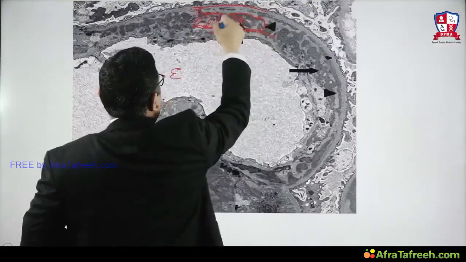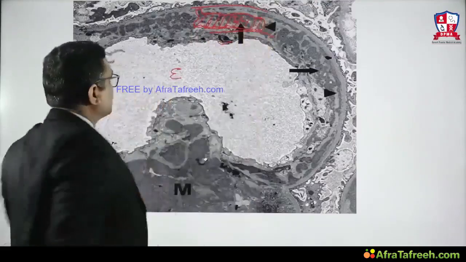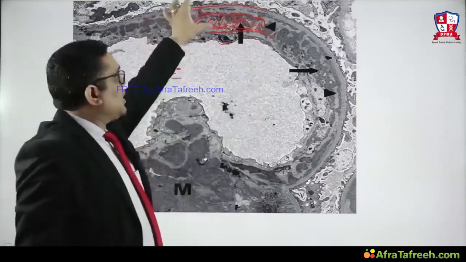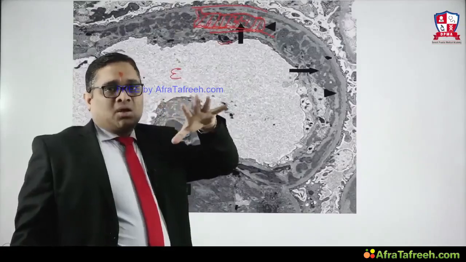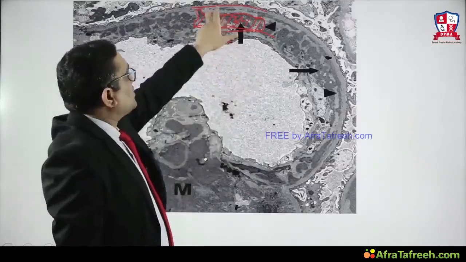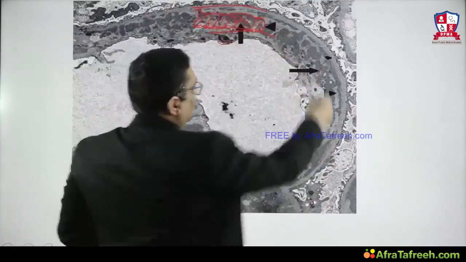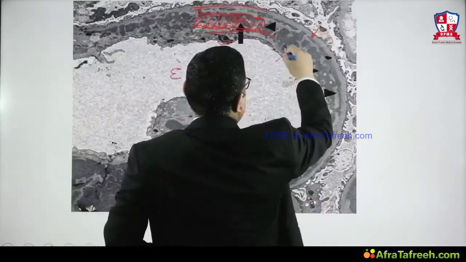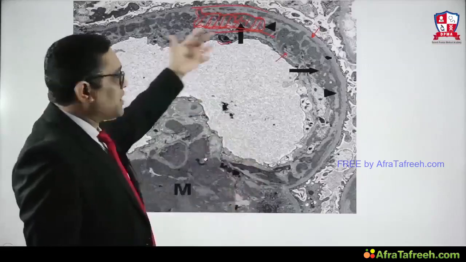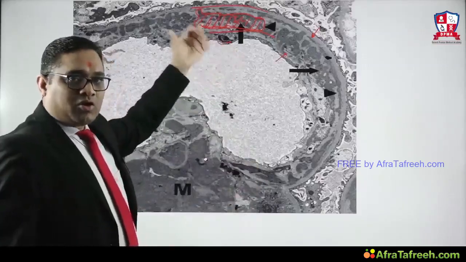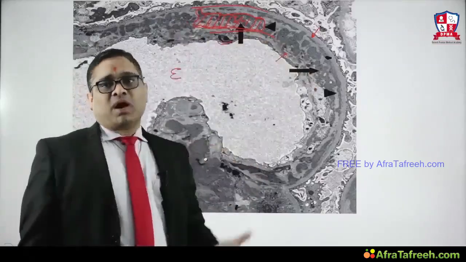Because of this, we are seeing as if there is a duplication, or a split, or two contours, or a tram track. Can you see the beautiful tram track appearance?